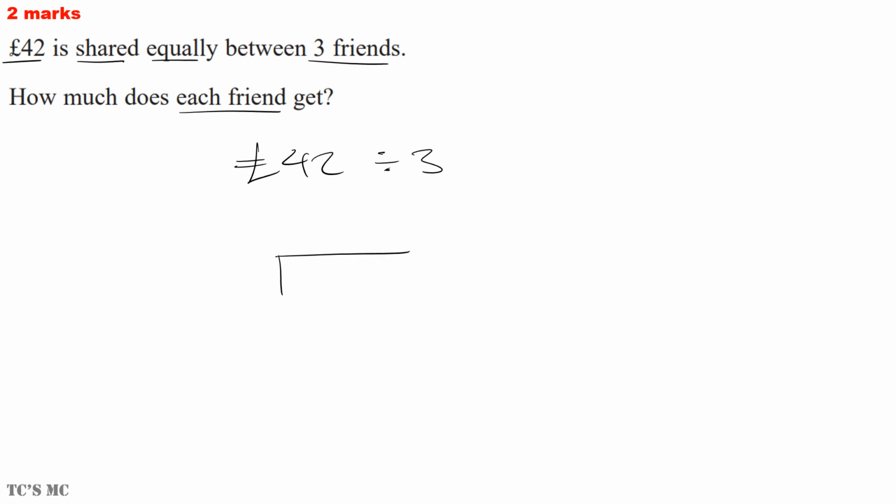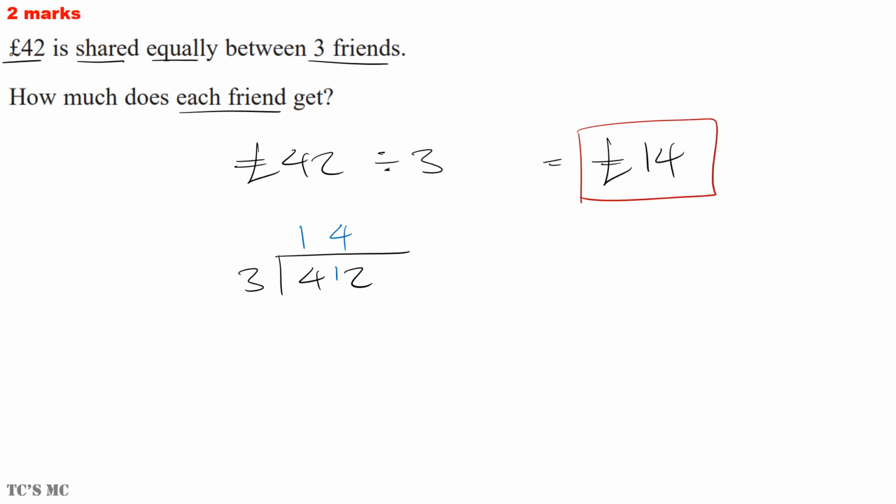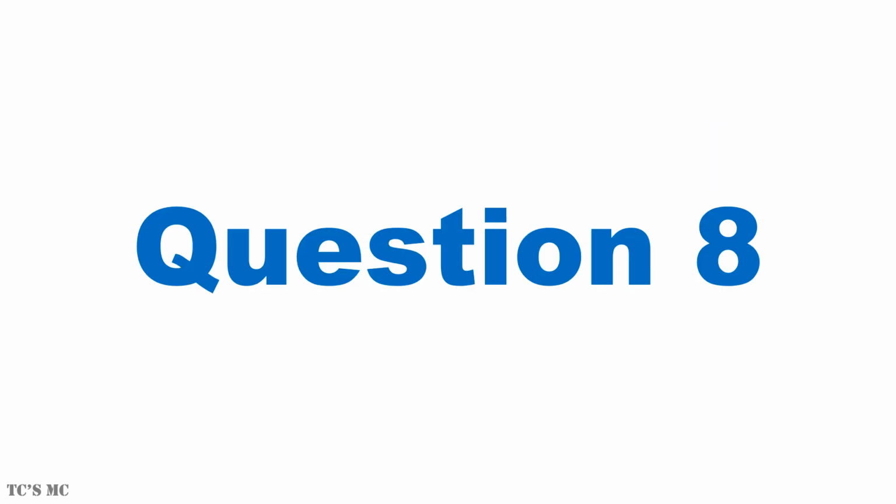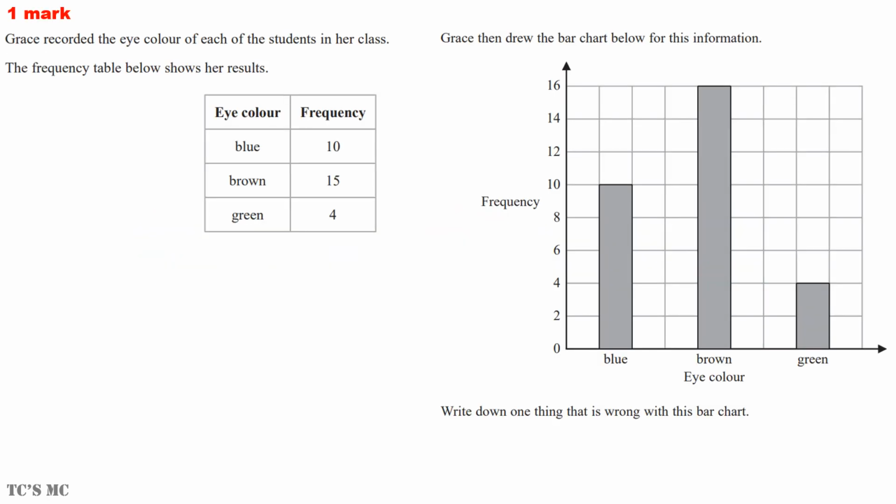To work this out, we can use the bus stop method. 4 divided by 3 is 1, remainder 1. 12 divided by 3 is 4. That means for the final mark, the answer is 14 pounds. And now we have 2 marks.